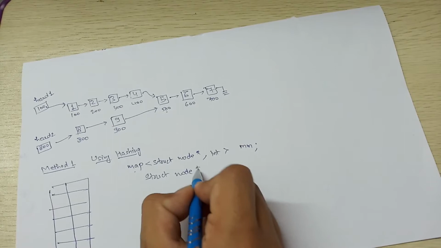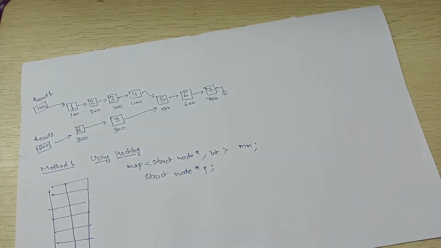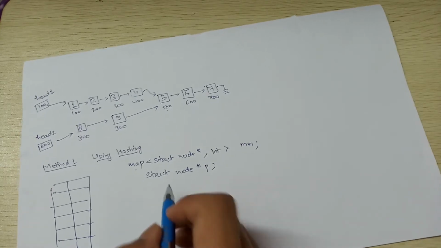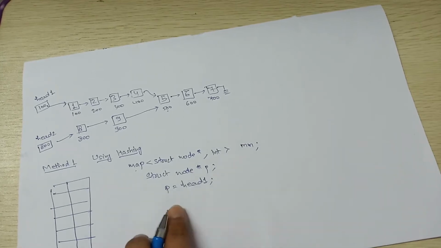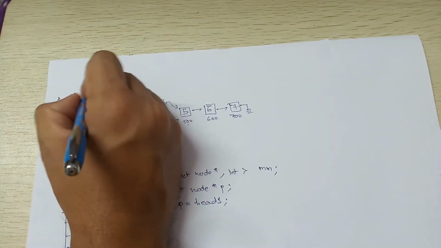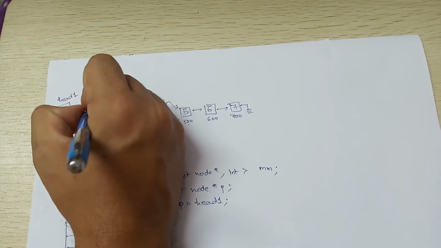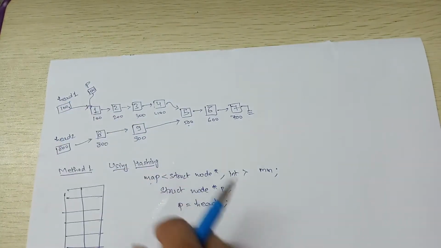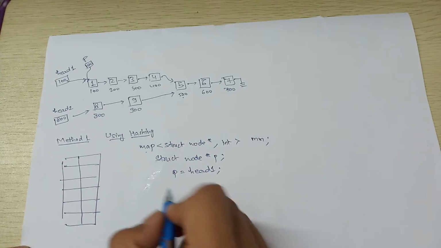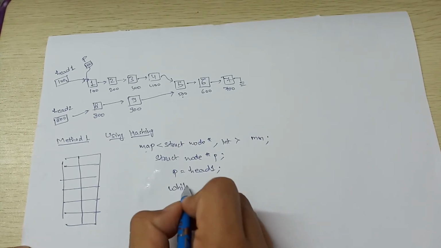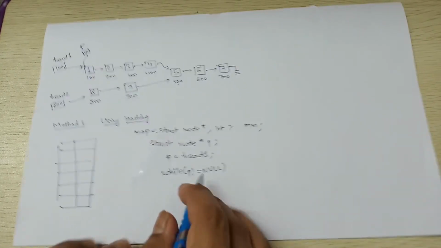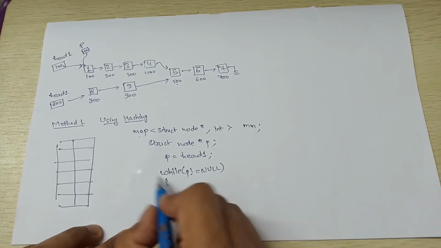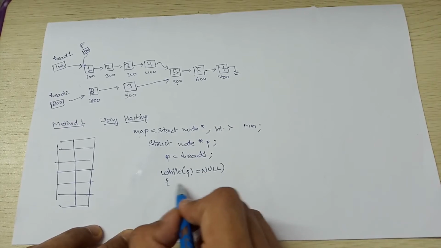Now we define a pointer of struct node type, where struct node is the linked list structure. We say p is equal to head 1, so a new variable is declared, holds the address of head 1, and points to the first linked list. Now while p is not equal to null, we traverse the whole linked list and store the address of each node.